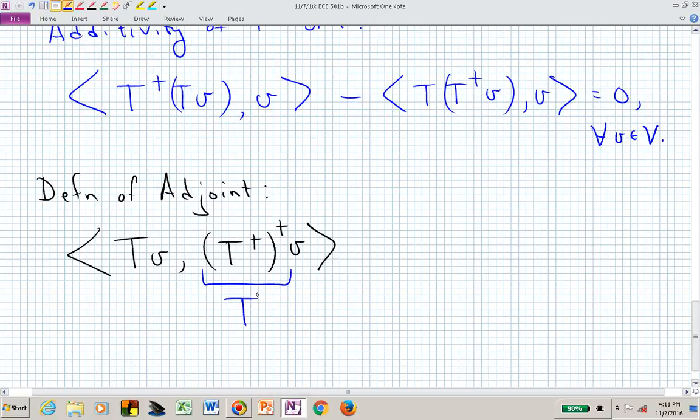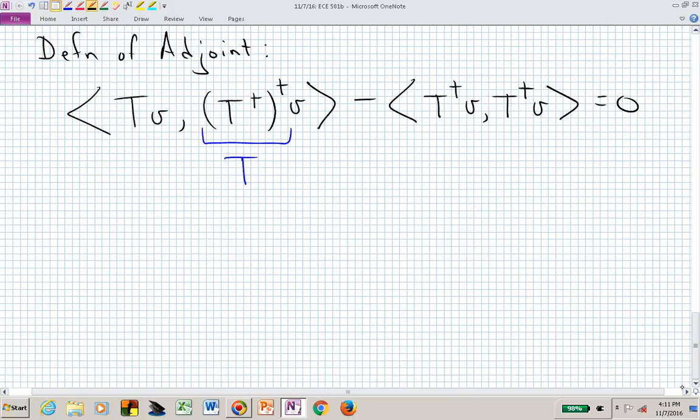That's just T. Now, if we do the same thing to the second inner product in the blue line, we have T dagger V in the first slot, and in the second slot we have the adjoint of T, which we've been denoting as T dagger. That's T dagger V, and that's equal to 0, again for all V in the vector space.